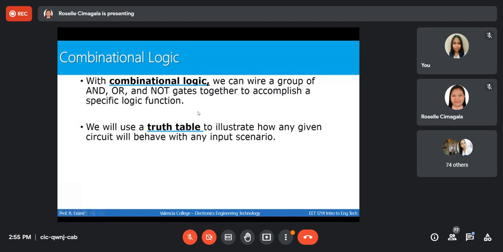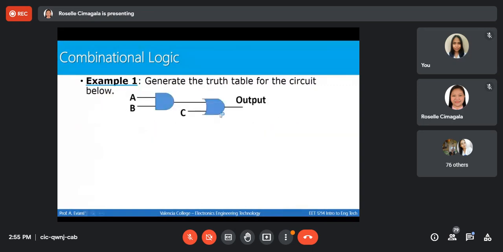First, we'll use a truth table to illustrate how any given circuit will behave with any input scenario. So when you have a combinational logic circuit, you're going to have a group of AND, OR, and NOT gates. And your truth table is going to describe how you expect that circuit to operate.